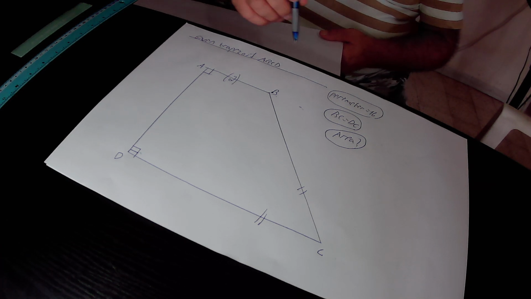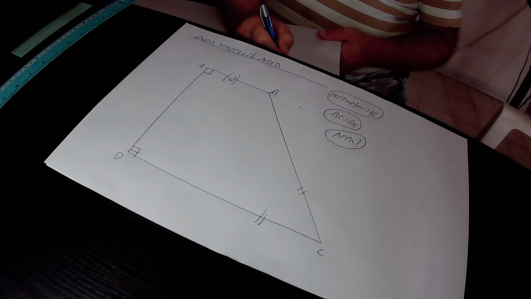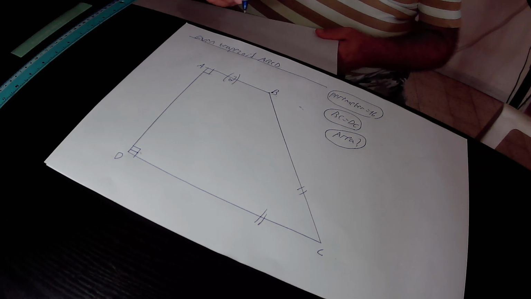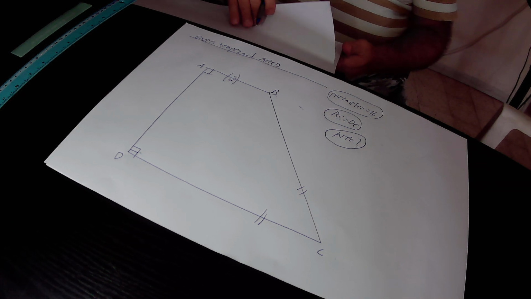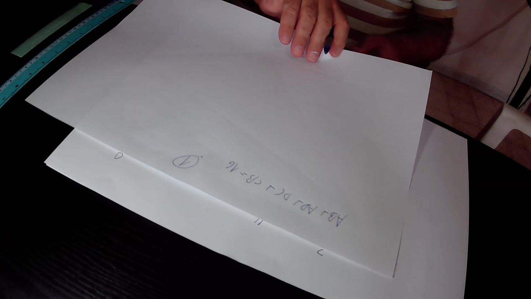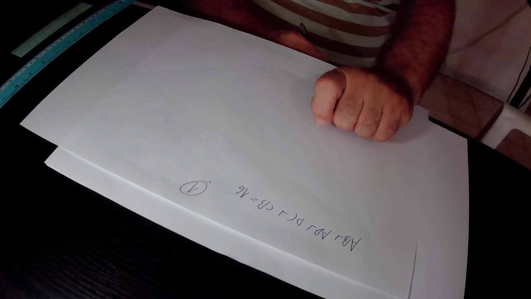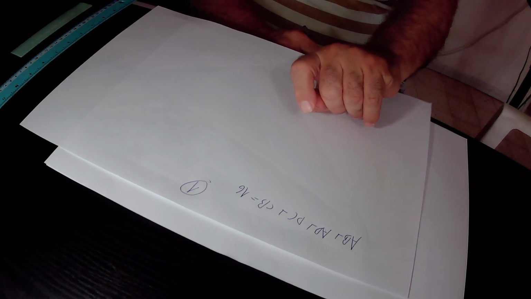It means that AB plus AD plus DC plus CB in total is equal to 16 units according to what is given in the question.